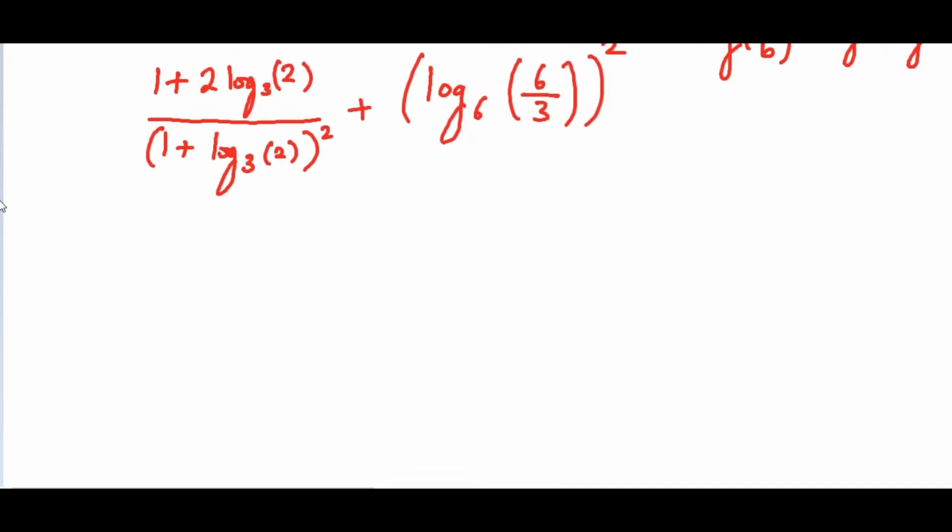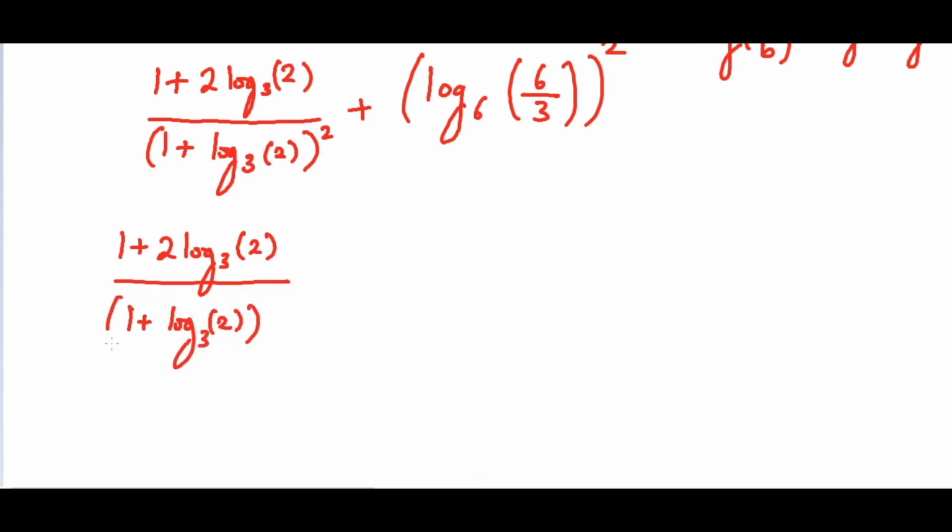Okay, so here this part I am leaving the same: 1 plus log base 3 of 2, whole square, plus, in this part what we can do here is, we can write it as log 6 base 6 minus log 6 base 3, and this is going to become 1.